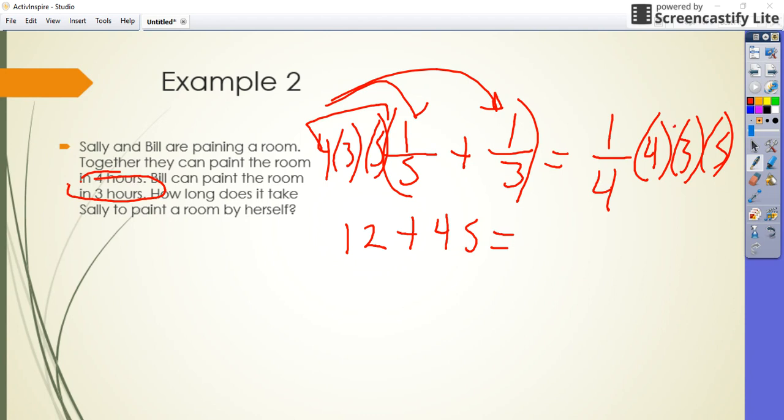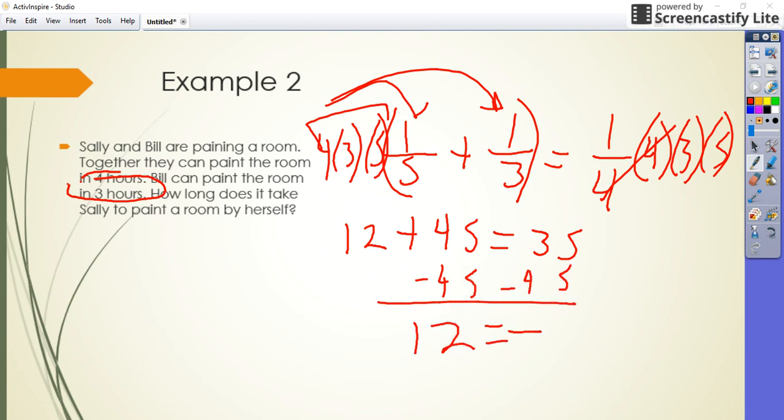And then here with this other one, I get the 4's to cancel, so I'm left with 3S. So now I subtract 4S from both sides. All right, and I get 12 is equal to negative S. Which means if I want to solve for S, that means that negative 12 equals S. So it took Sally negative 12 hours.